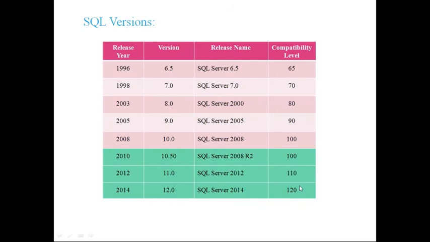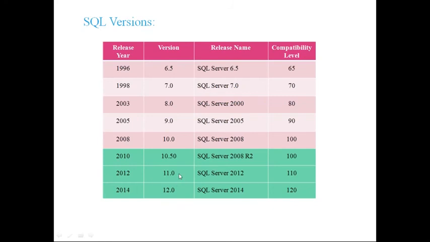We need to be familiar with the compatibility levels, because once you hit the flow of any organization, servers will not say this is SQL 2008 or SQL 2012 or 2014. Everything will be mentioned with the version numbers.